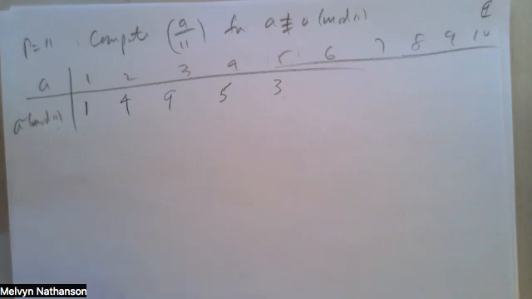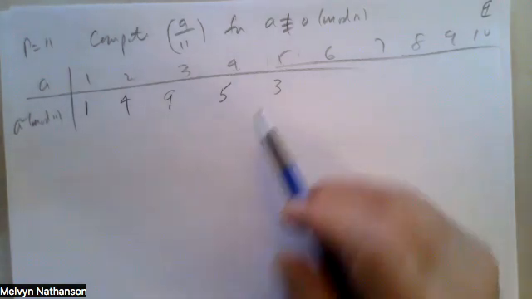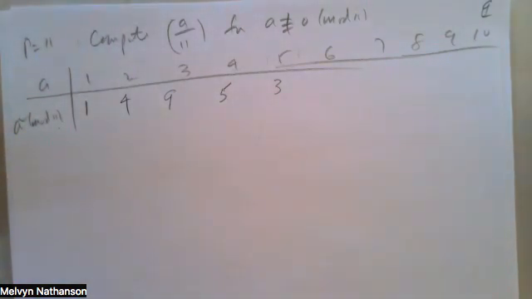You can do it in 1 step or 2 steps, but the answer is going to be 3 no matter what. Okay. What is 6 squared, mod 11? 36. So is it also 3? No. What is 7 squared, mod 11? 7 squared is 49.